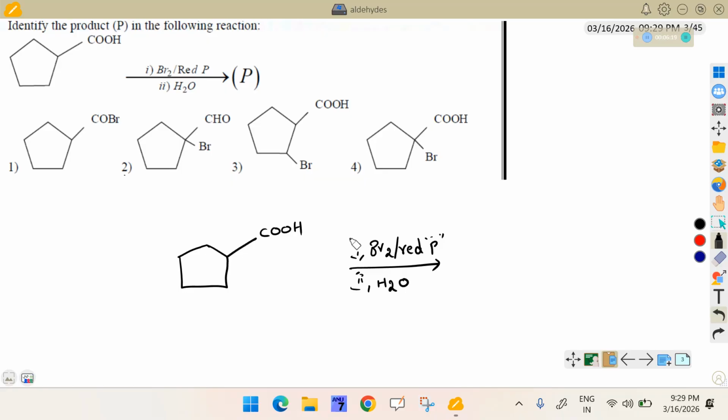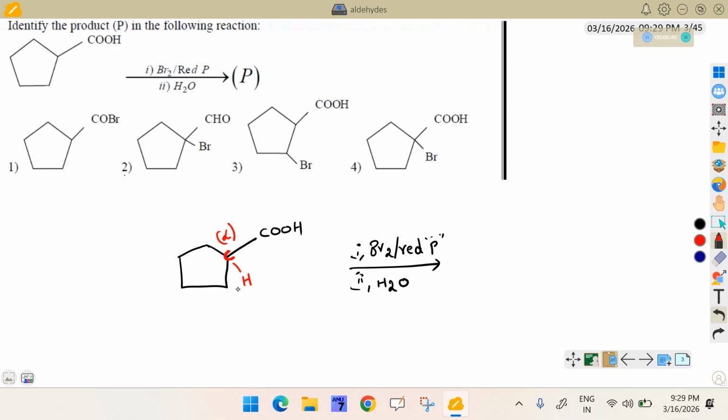See the next question. Carboxylic acid reacts with bromine and red phosphorus. Carboxylic acid with an alpha hydrogen atom. Here, an alpha hydrogen atom is present. The carbon atom attached to the carboxylic acid is considered the alpha carbon. The alpha carbon contains alpha hydrogens.